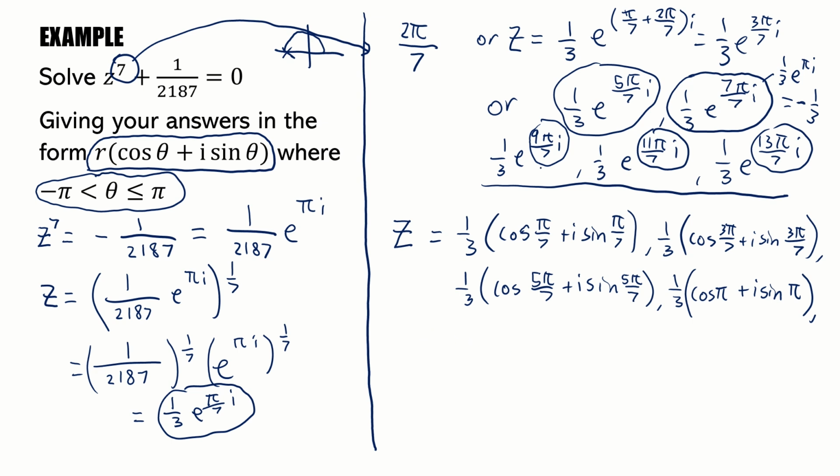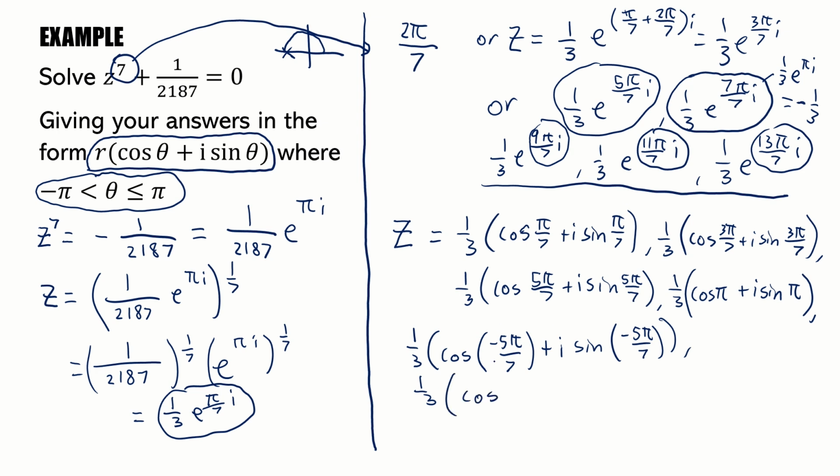So taking away the 2 pi from 9 pi over 7 will get us to 1/3 cos of minus 5 pi over 7 plus i sine minus 5 pi over 7. We'll also get a 1/3 cos of, if we take our 2 pi off 11 pi over 7, we will get minus 3 pi over 7 plus i sine minus 3 pi over 7.